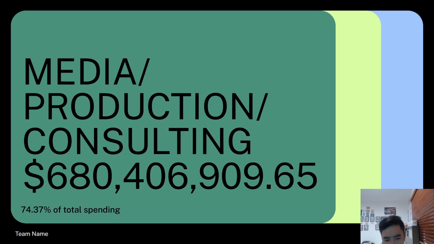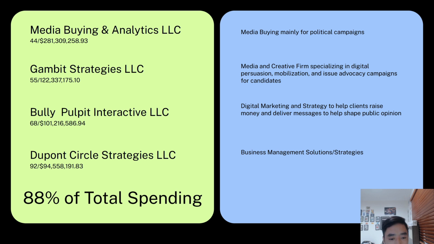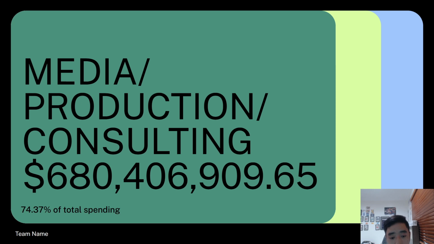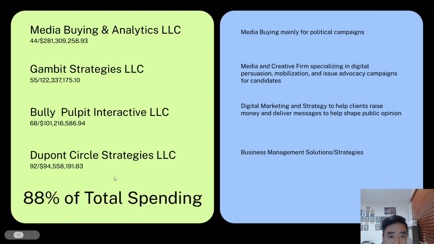The biggest spender of all the campaign is media production and consulting, or buying space in the media. Here were the top 4, which is 88% of total spending within this budget. $680 million, and 88% went to 4 companies.